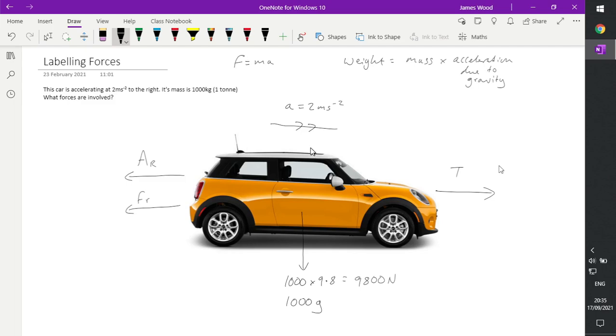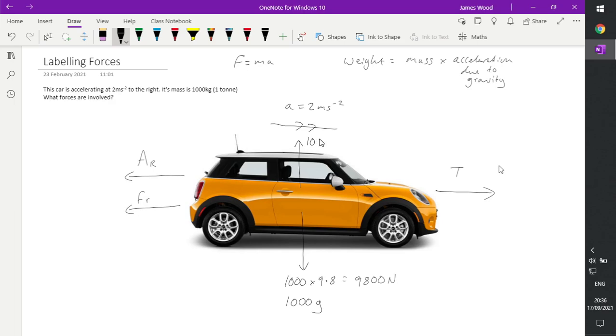There's one more, remembering Newton's third law about there being an opposite force. So if there's 1,000 G downwards, there must also be a force upwards from the floor. Because remember we said otherwise the car would sink through the floor. So there's also a reactive force upwards, which must be equal and opposite.